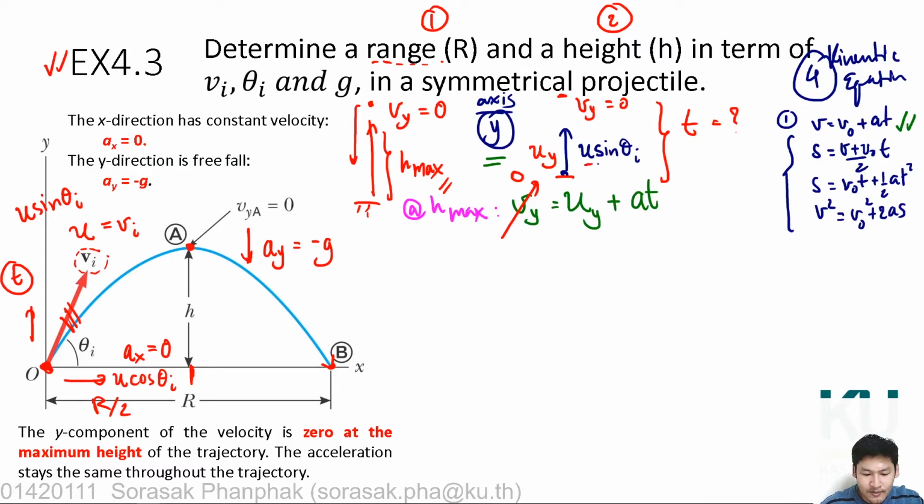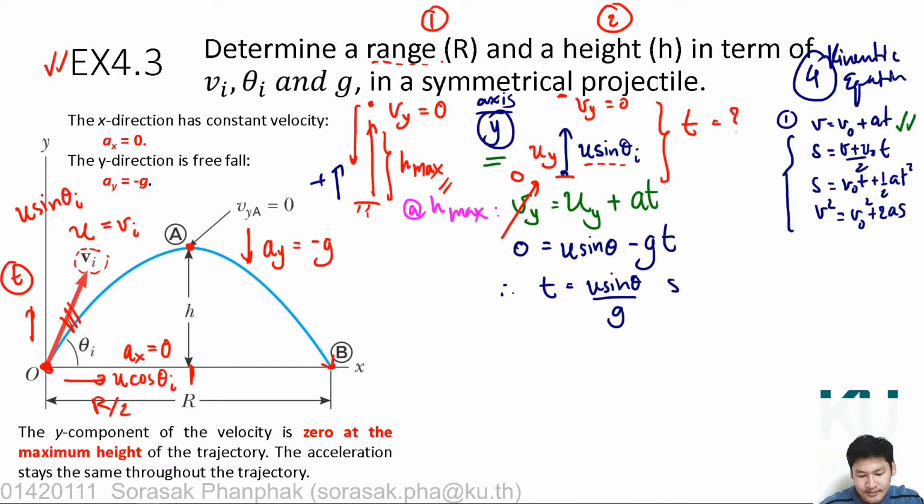It is u sine theta. So you get 0 equals u sine theta, and your a is in the different direction, because upward is plus, so downward is minus gt. So finally you get t equals u sine theta over g. This is the time the particle takes to move from the ground with initial uy to the maximum point.